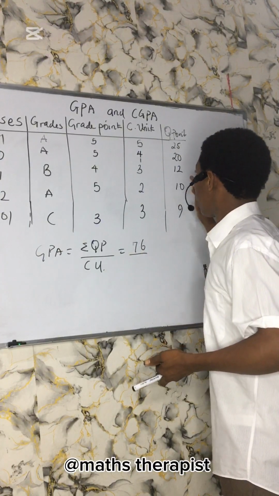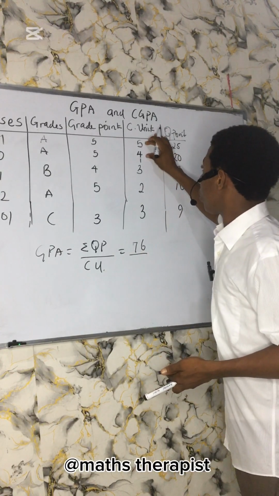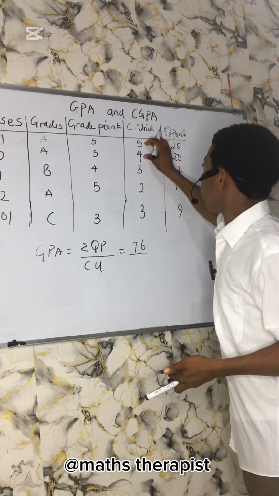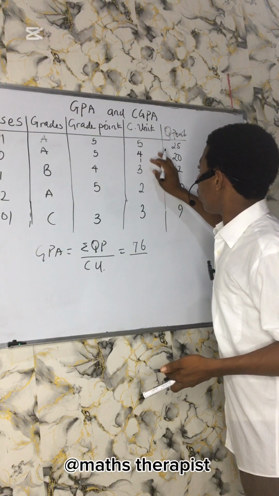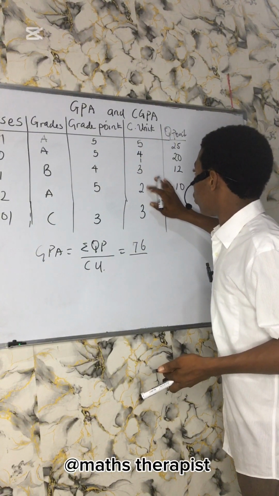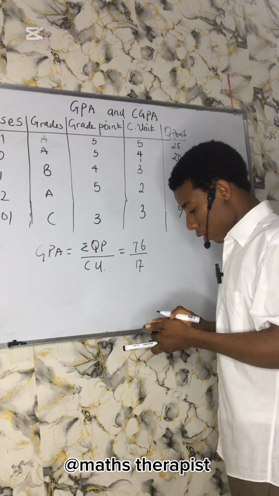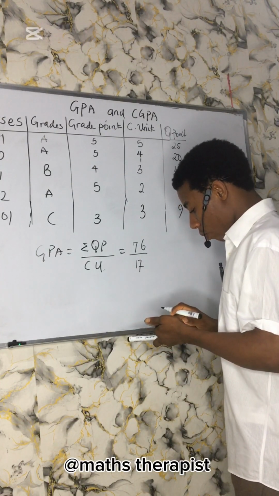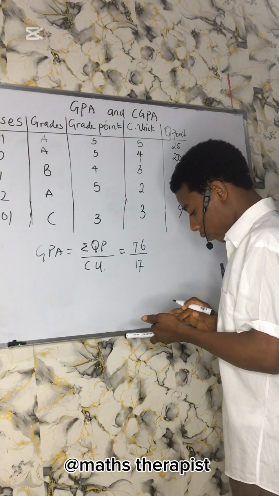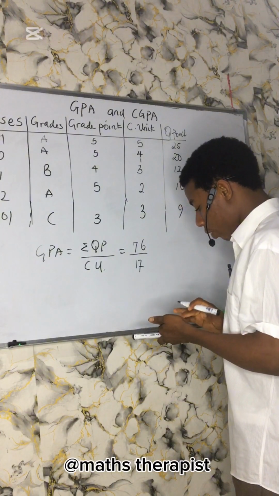That's the total quality point, 76. Now the credit units: 5 plus 4 plus 4 plus 2 plus 3 is 17. So let's check 76 divided by 17.